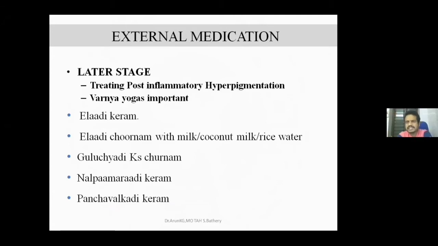Okay, at this stage there is no need of giving antifungal drugs. At that stage, we have to consider the use of Elādi, Kshira, water, Manjistha churna application, Lakshadi, like Varnya yogas.